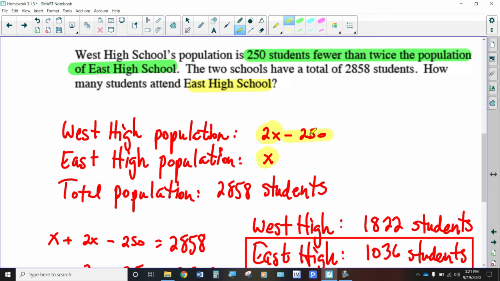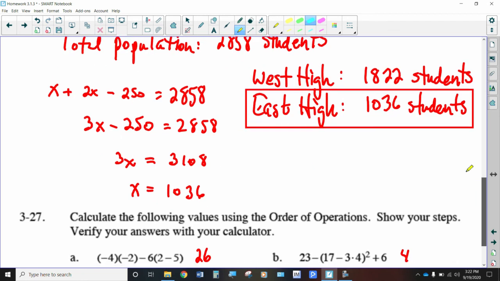You could do a guess and check if you wanted to, but it's so much easier if the two schools combined have a total population of 2,858. Then this plus that must equal 2,858. So let's combine like terms. Let's add 250 to each side, and then at the end, divide by 3, and you get 1,036.